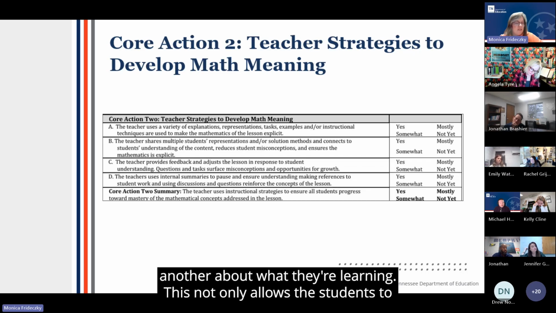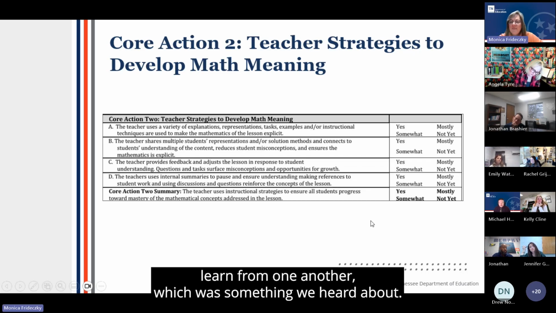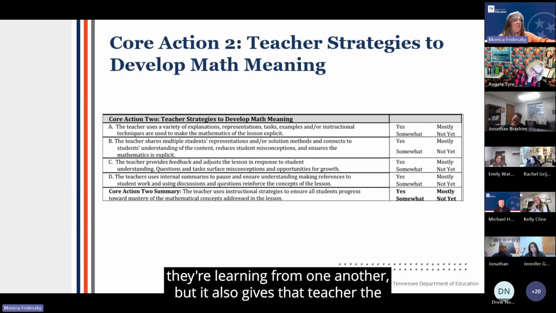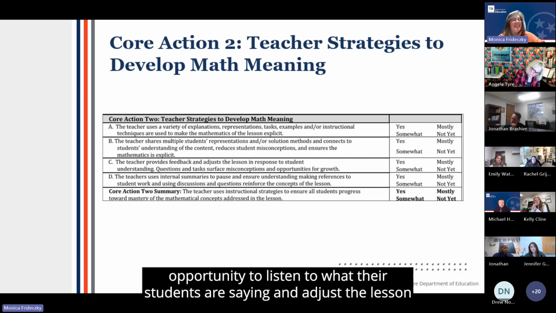This not only allows the students to learn from one another, which was something we heard about earlier from the previous math teacher, but it also gives the teacher the opportunity to listen to what their students are saying and adjust the lesson accordingly.